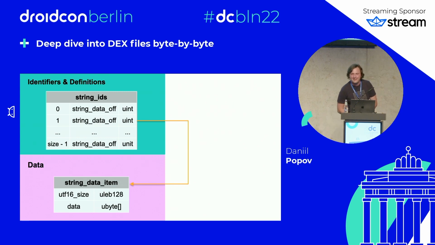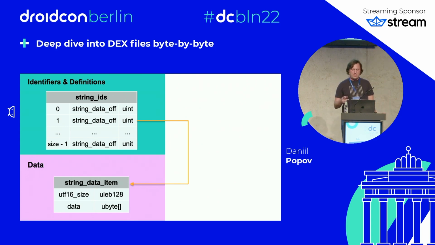Okay, yes. And if we have a look at this string IDs table, every item in this table is also an offset, but an offset to the data section where string values are actually kept.